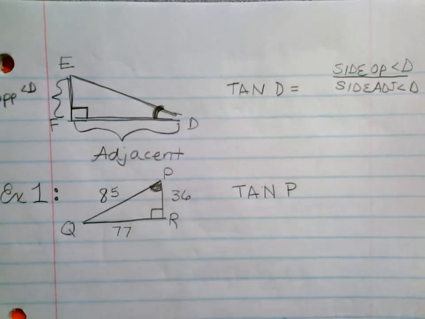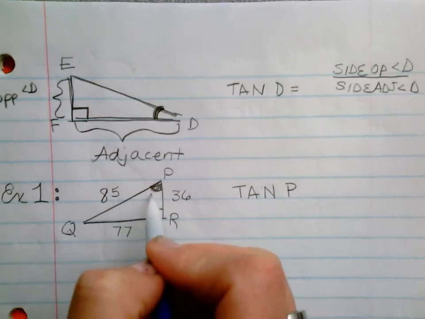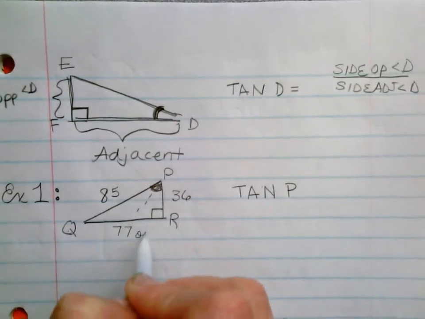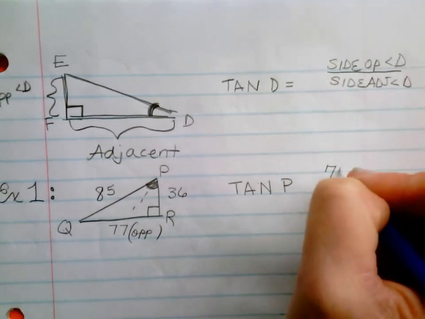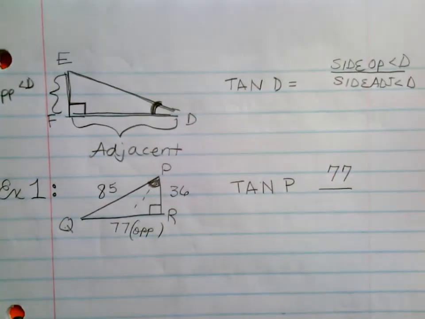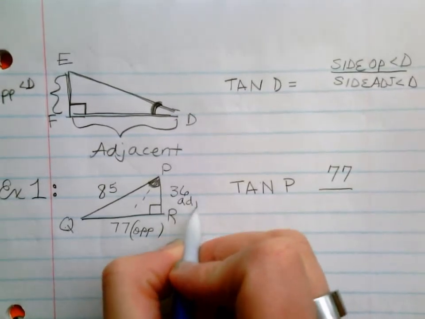What is the measurement of the side opposite angle P, class? Opposite? Yep. No worries. This is opposite. And adjacent is the one next to it, but not the hypotenuse. What's that one? 36. Good.